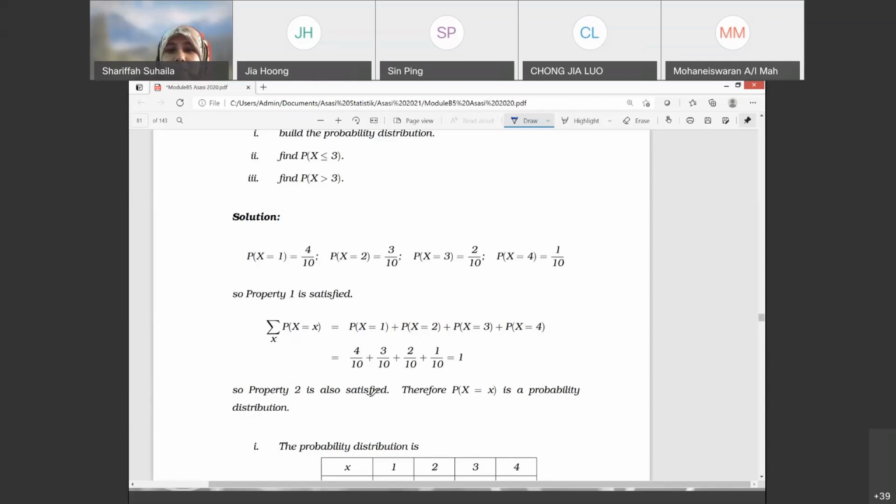Property 1, f of x must be greater than or equal to 0, is also satisfied. So both are satisfied, which means probability x equals x is a probability function, or we can conclude that this is a discrete probability function.